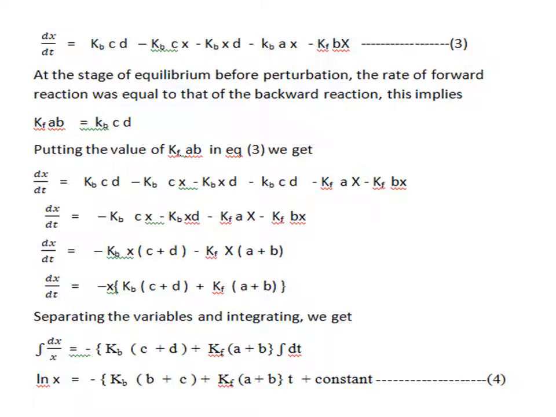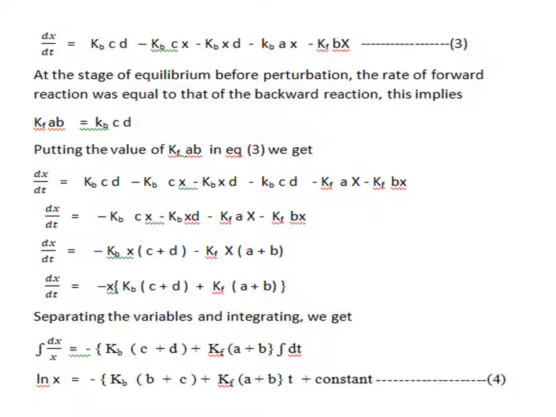Here integration of dt is equal to t, which will become log x equal to minus kb into c plus d plus kf into a plus b into t plus constant. Here constant is the constant of integration. This is equation number 5.